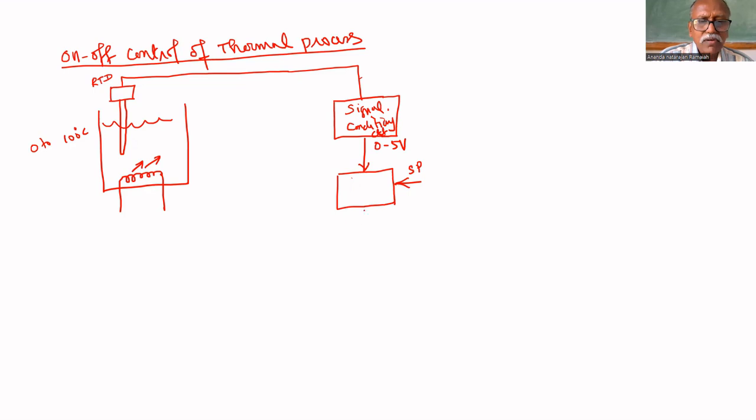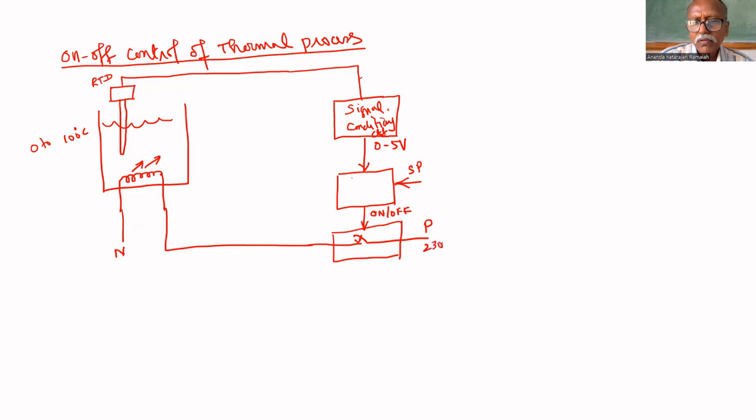The output of this on-off controller will turn on or off this heater, depending upon this temperature.